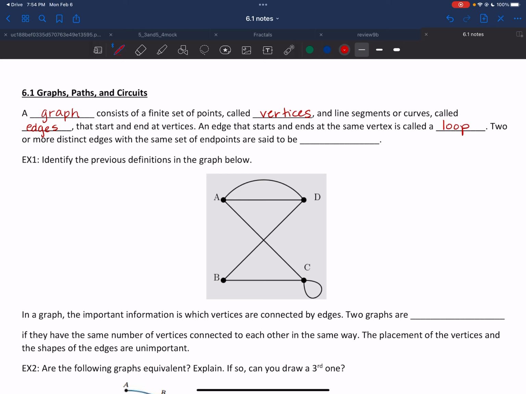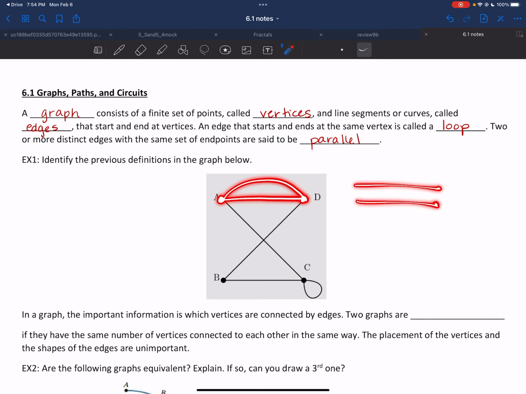Two or more distinct edges with the same set of endpoints are said to be parallel. Here's the weird part. This one and this one are considered parallel, because they both start at A and they both end at D. Do not think about your geometric parallel, where two lines are the same slope and they never meet.